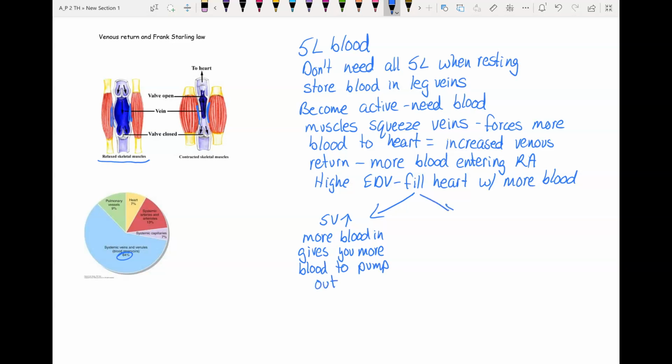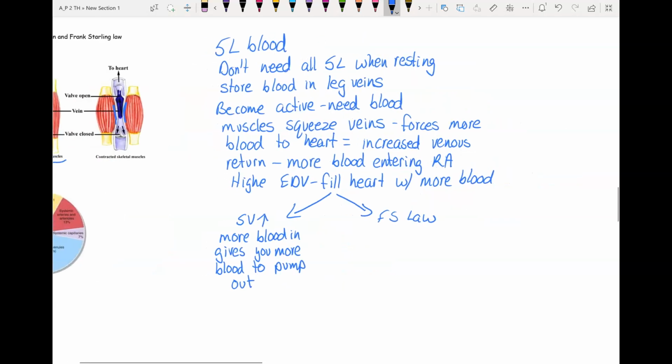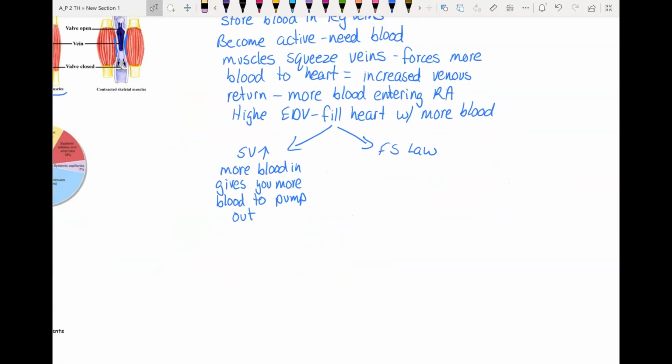The other thing that happens is the Frank-Starling law. When you put more blood in the heart, that stretches the heart. So more blood in the heart stretches it. Think of like blowing up a balloon. The more air you put in the balloon, the more you stretch the balloon out.